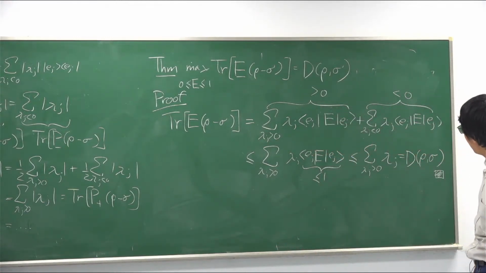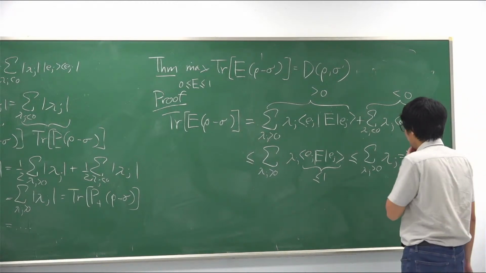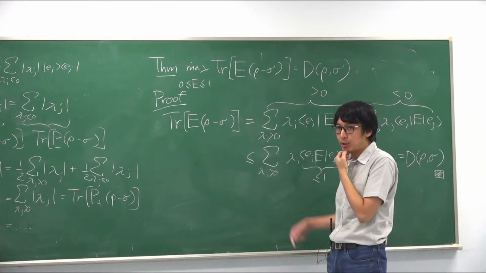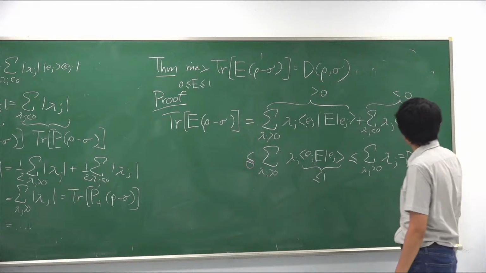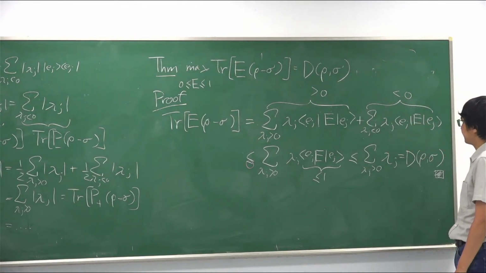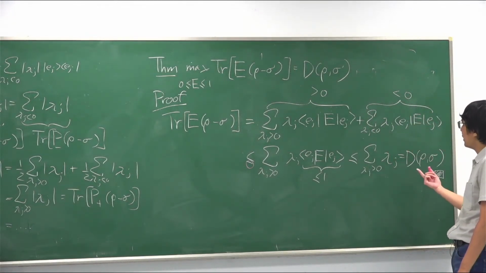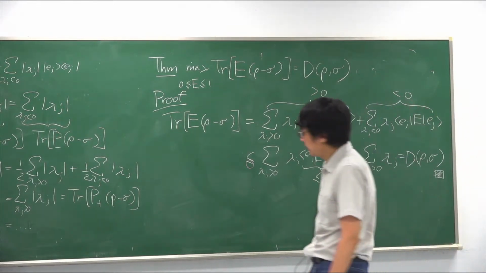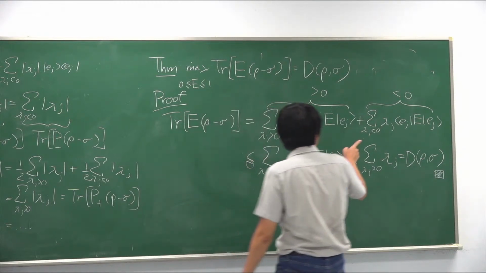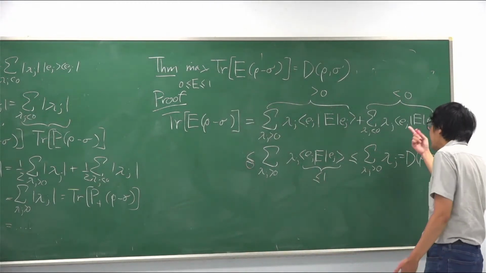So let's look at a little comment. Let's look at the condition for the equality, right? So this one, well, clearly, yeah, this will be equal if it has no negative eigenvalues. So, or rather, no, that's one way, right?